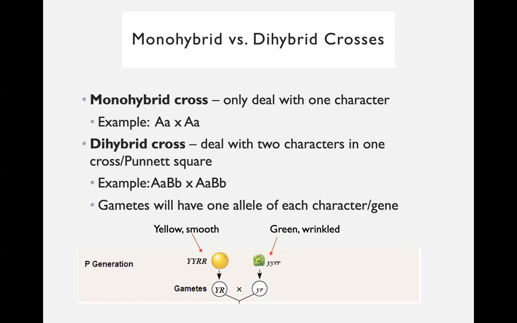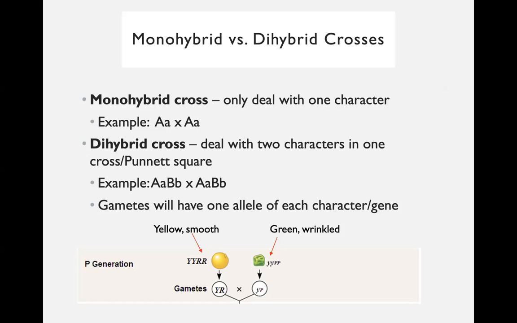Each of the gametes will have one allele, I'm sorry, those are the offspring. The gametes are going to contribute one allele from each character or gene. So all of the offspring are going to have 2 alleles for each of those characters. So if we look at these, these are going to be the parents that we're going to cross.